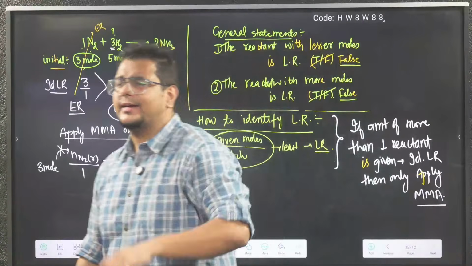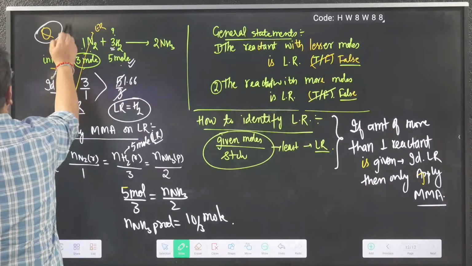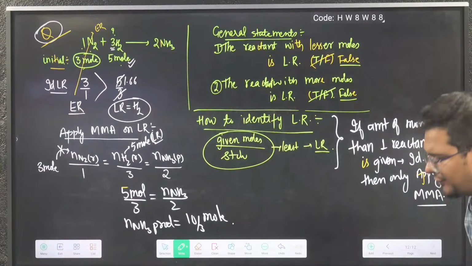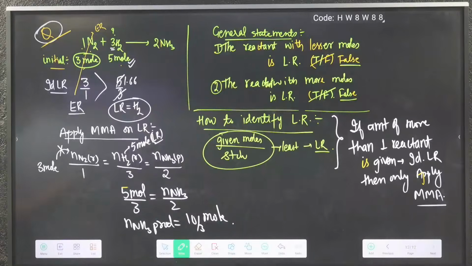So if 2 or more reactant amounts are given, then in that case 100% firstly identify who is the limiting reagent, then only find the product. Otherwise you will not know who is the hero of the topic. Until you know who is the hero of the topic, you cannot solve that topic. And how to identify LR? Given moles by stoichiometry. So 1-2 more questions we can solve, and then the remaining practice we'll do in the next class.